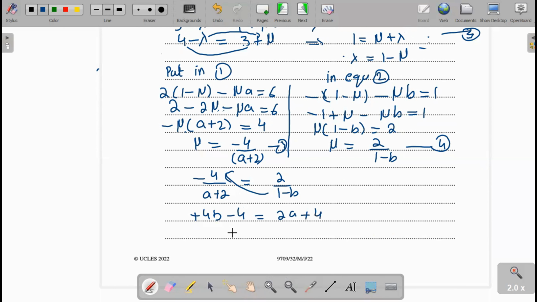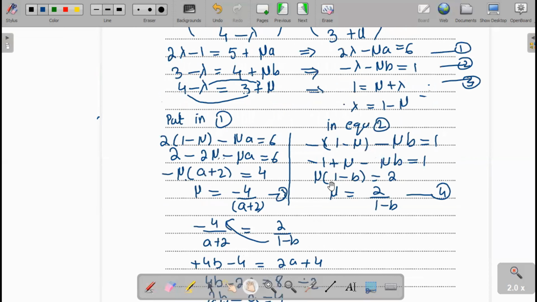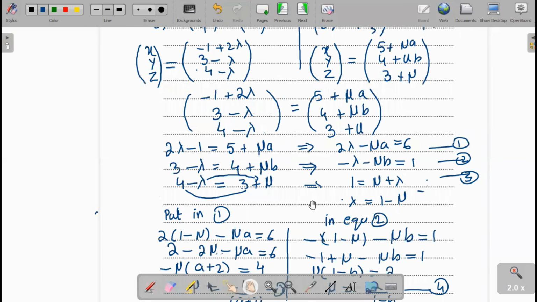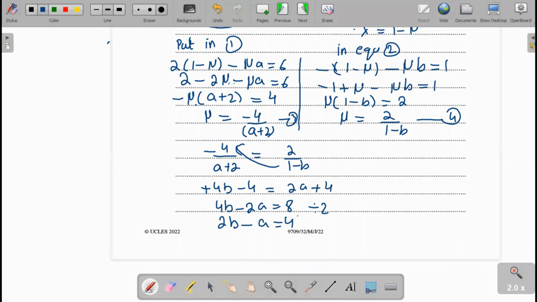We can write this as 4b minus 2a equal to 8, and dividing this equation by 2, we get 2b minus a equal to 4. And we have to prove 2b minus a equal to 4, and this is done.